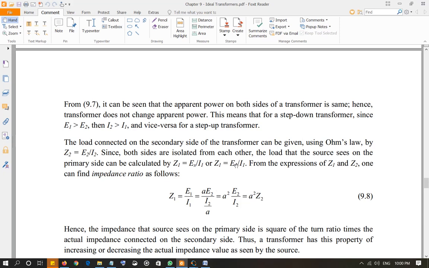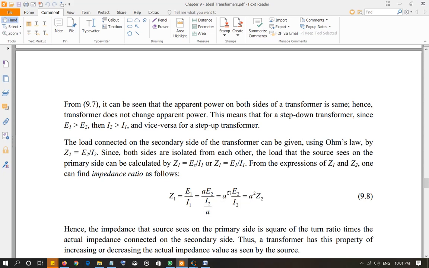Now ES and E1 are equal if you do not have any line impedance. So far that's what we are assuming. So Z1 is equal to E1 over I1, and then we can plug in E1, which is the turn ratio times E2, and I1, which is I2 over the turn ratio.